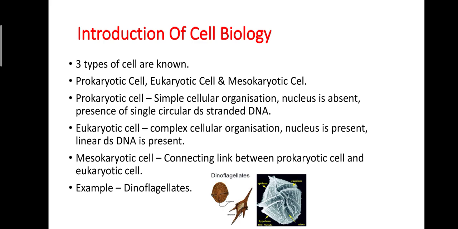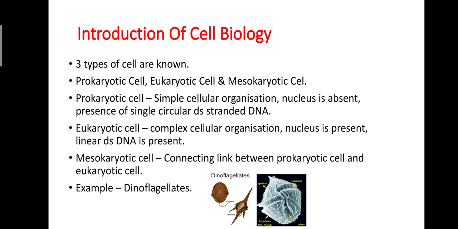Later on, eukaryotic cell. In this term, the meaning is already present. Eu means advanced. If we compare eukaryotic cell with prokaryotic cell, this eukaryotic cell has a complex cellular organization due to the presence of all types of cell organelles. Actually, what is meant by cell organelle?